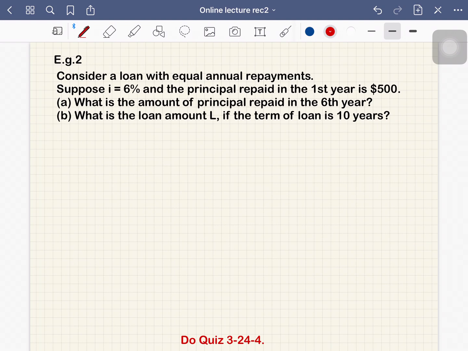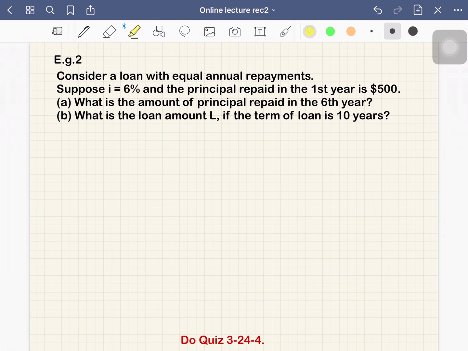So here's one example. Consider a loan with equal annual repayments. Suppose that i is equal to 6% and the principal repaid in the first year is $500. At first, what is the amount of principal repaid in the 6th year? In this question, many quantities are unknown.